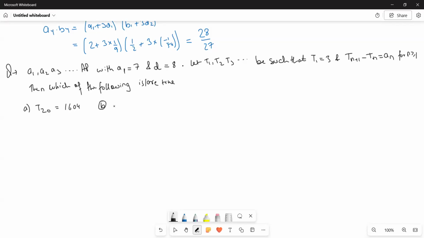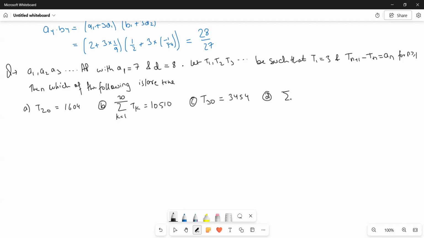Option B, summation k going from 1 to 20 Tk is 10510. Option C, T30 is 3454.